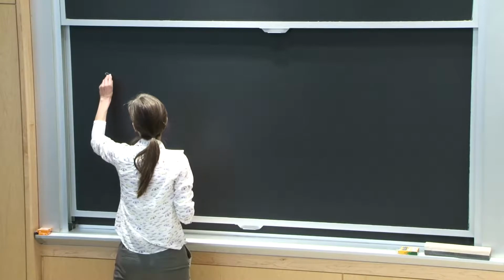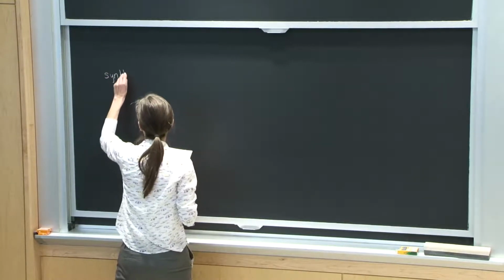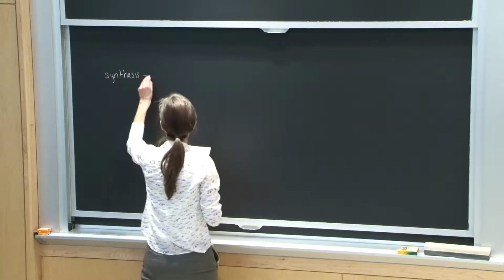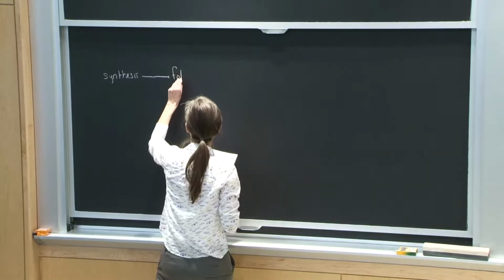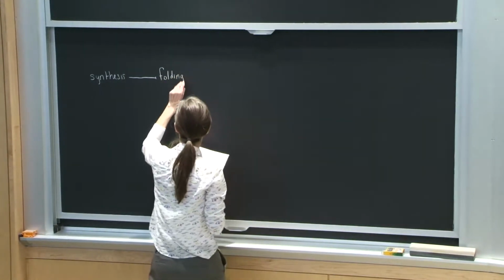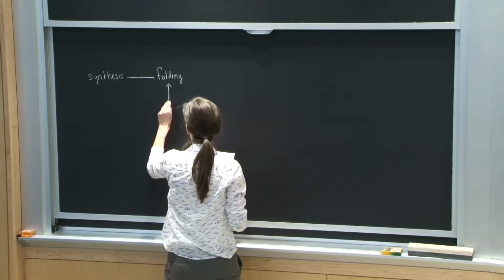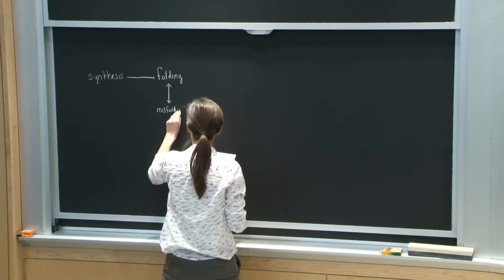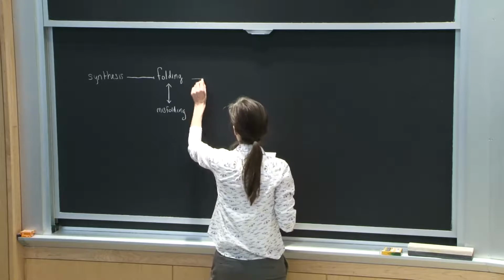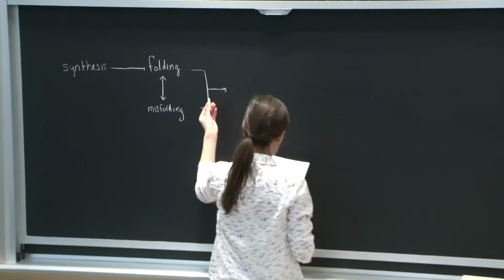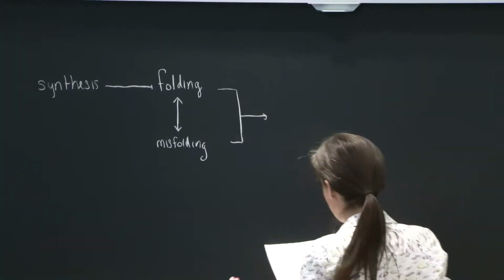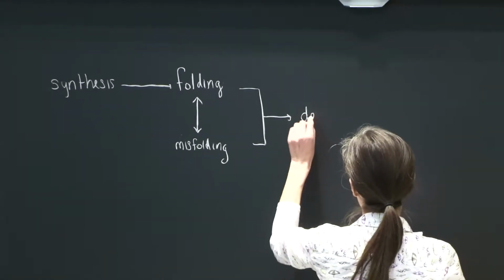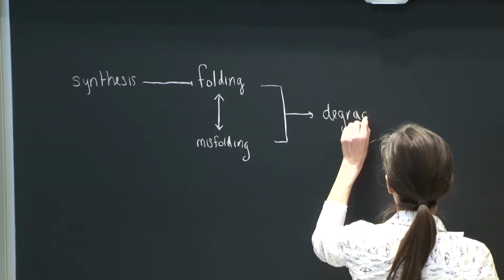We've gone from synthesis to folding. We've learned that misfolding can occur. Okay, and at some point, these polypeptides, whether they're folded or unfolded, need to be degraded. So they have some lifetime in the cell.